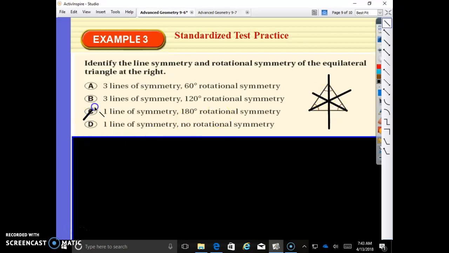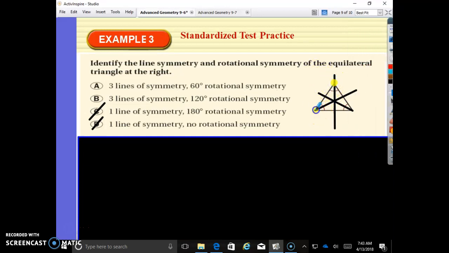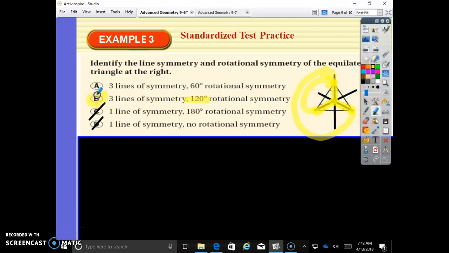So we know that it is not C and it is not D. Rotational symmetry. When will it look the same? It'll look the same if this vertex is here, or if this vertex is here. So every how many degrees? If I'm splitting it into thirds, 360 divided by 3, 120. So at 120, 240, 360, it looks the same. So 120 degree rotational symmetry. B.